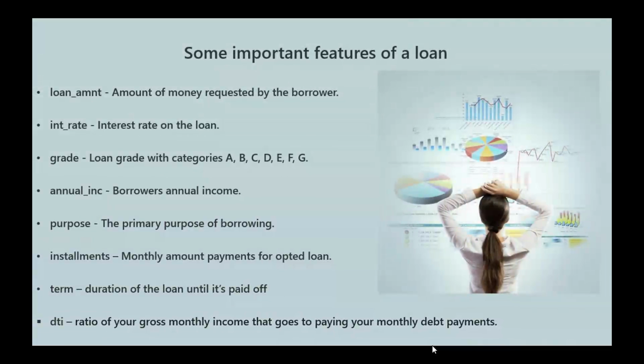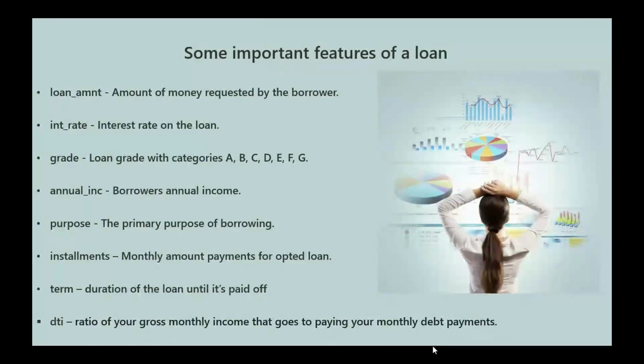Here are some important features of a loan that the loan issuer checked while approving the loan application. The loan amount, the amount of money requested by the borrower. Interest rate on the loan amount. Grade, the grade assigned by the loan issuer with categories A, B, C, D, E, F, and G. Annual income, the annual income of a borrower.